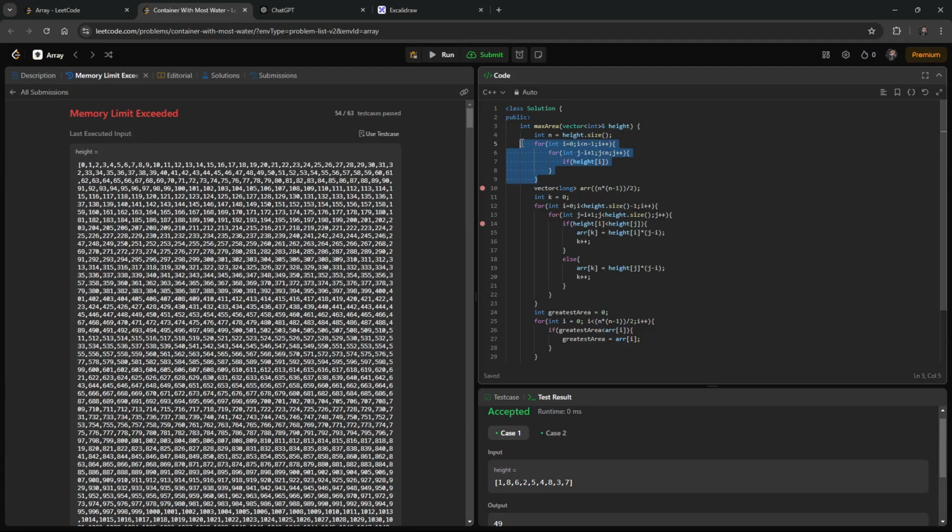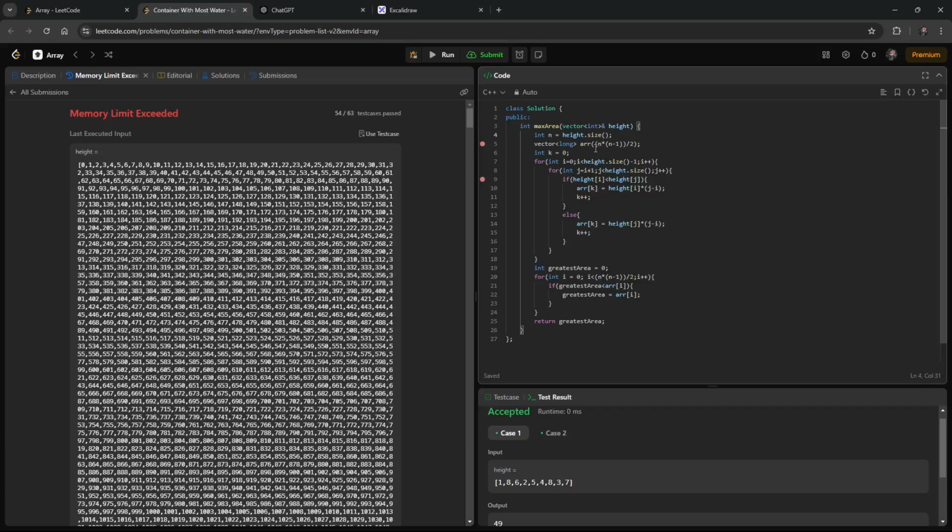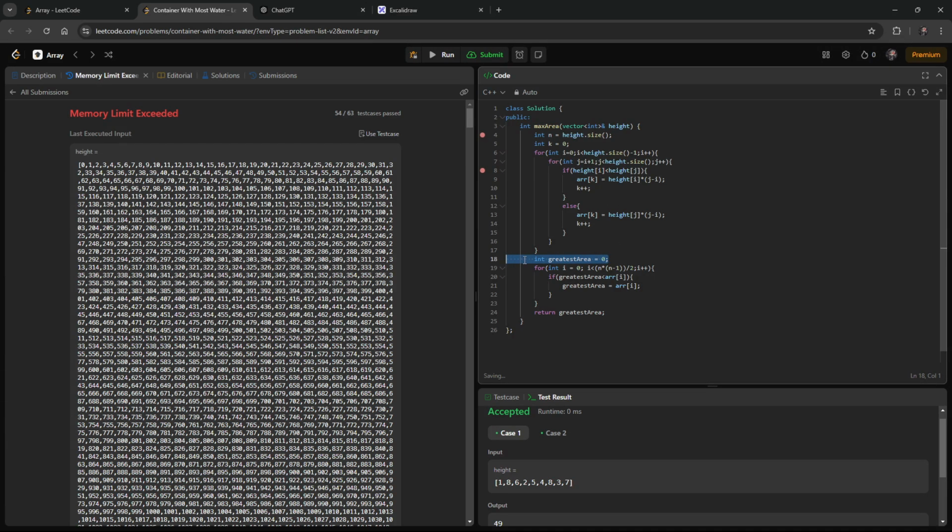Okay, so I want to try another approach. Instead of creating this array and storing the area of each possible box in it, I could initialize a greatest area variable here, and check, sorry, I need to call this and this command.